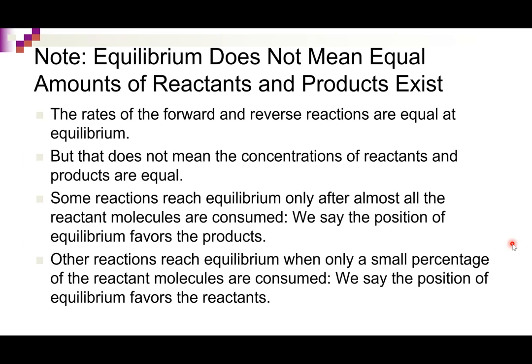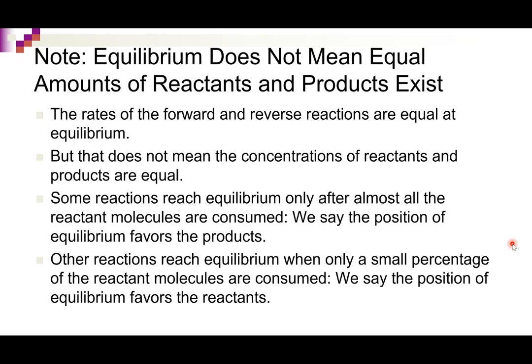So just some things that we want to point out, some common areas of misconception. Equilibrium does not mean equal amounts of everything. The rates of forward and reverse are equal, not necessarily the concentrations.